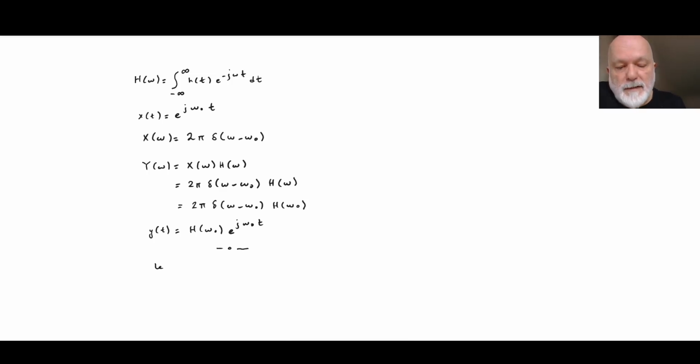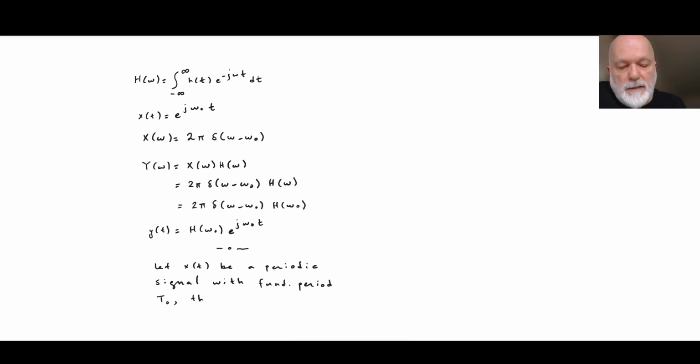So let x of t be a periodic signal with fundamental period T0.